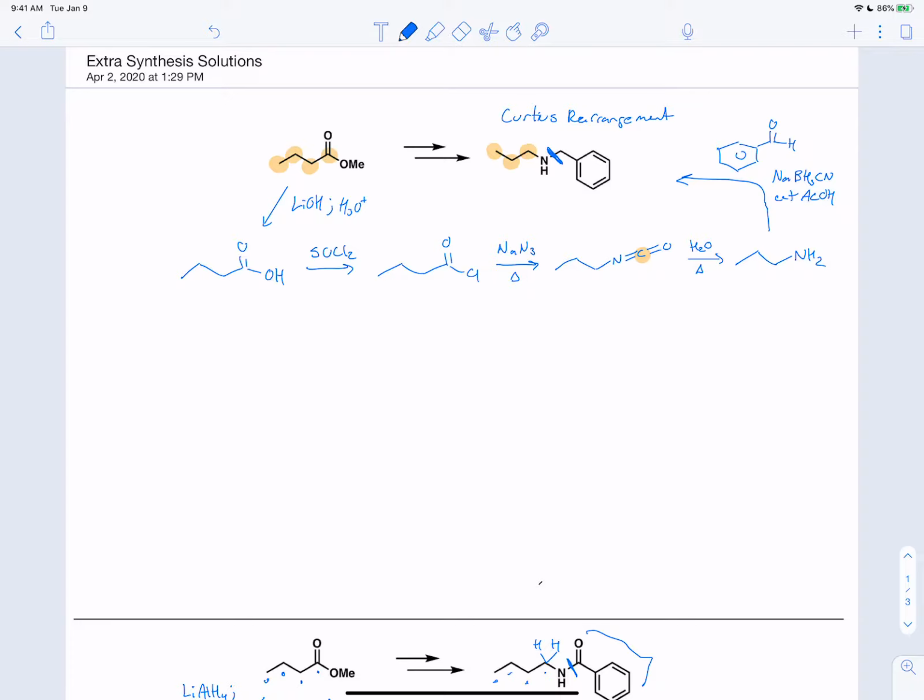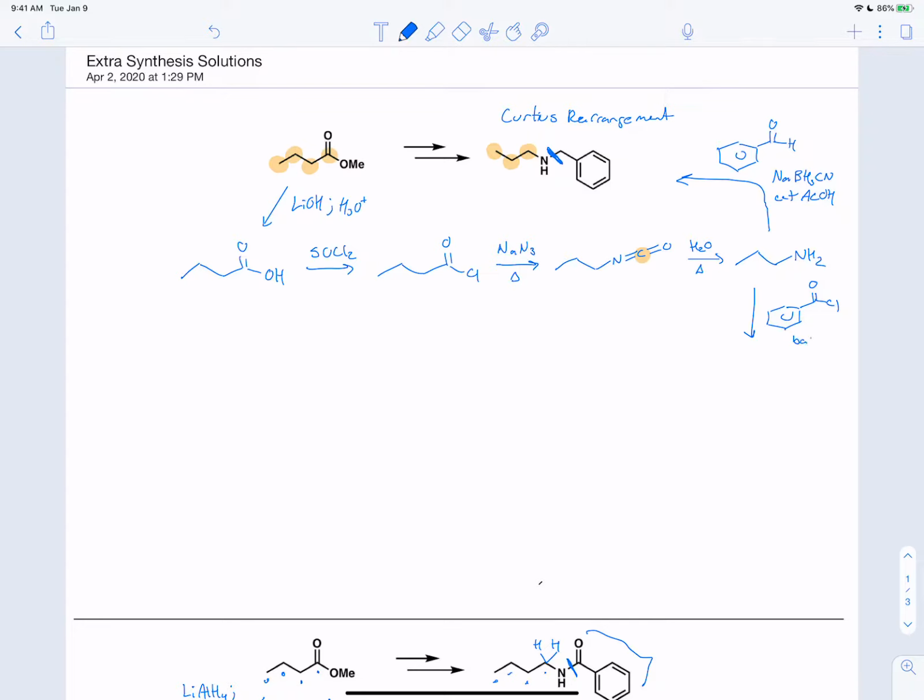This one has slightly fewer options for how you could solve it. Alternatively, you could make an amide from this nitrogen, then reduce with lithium aluminum hydride. I'll draw that out just for comparison. It would end up being one more step, but also effective.